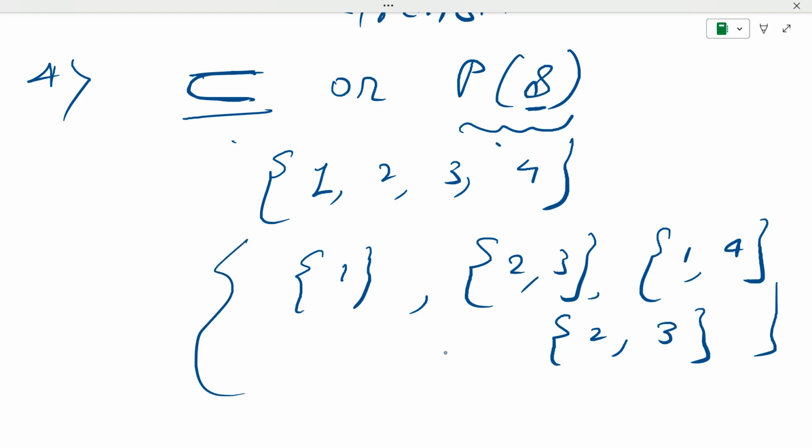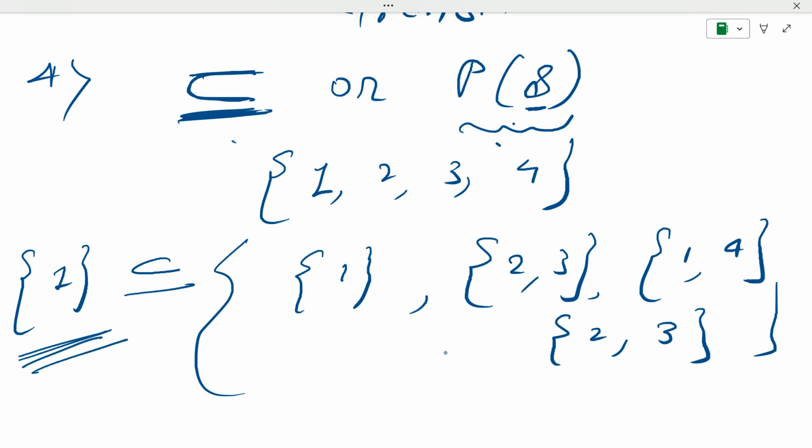We are defining the subset relation on the power set of S, which will contain all the subsets.